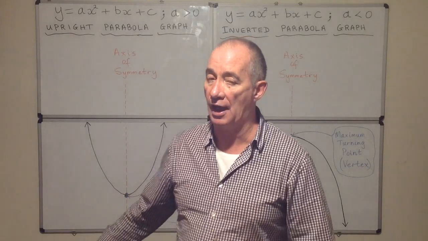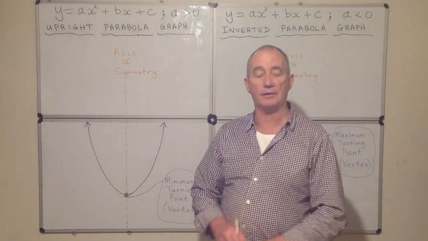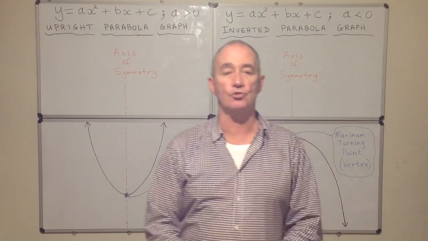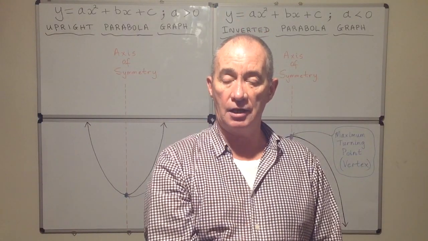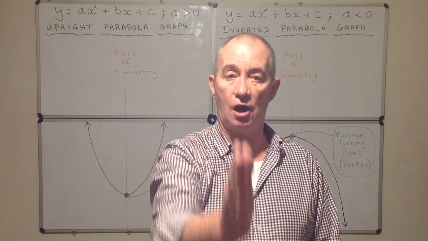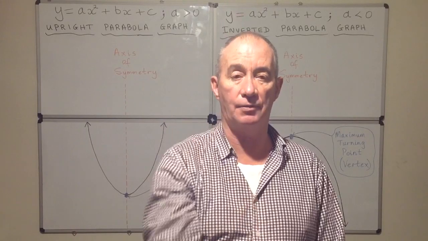Let's come to the board and have a look at this upright parabola graph. Any parabola graph will have an axis of symmetry which is a vertical line going straight through the turning point. Vertical means straight up and down, doesn't it?